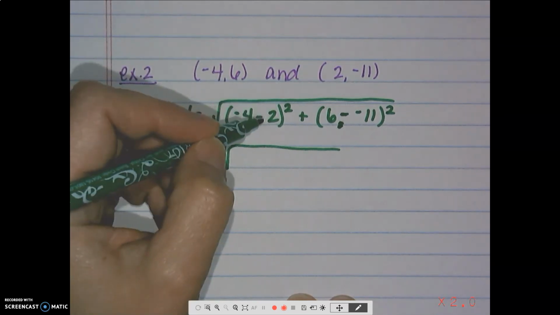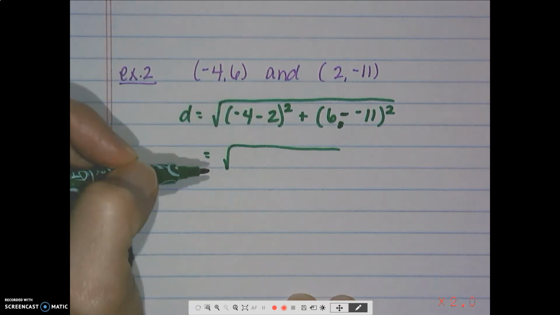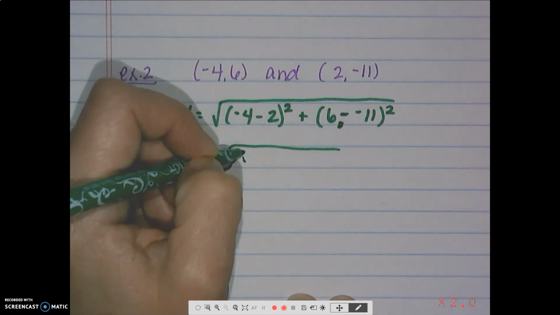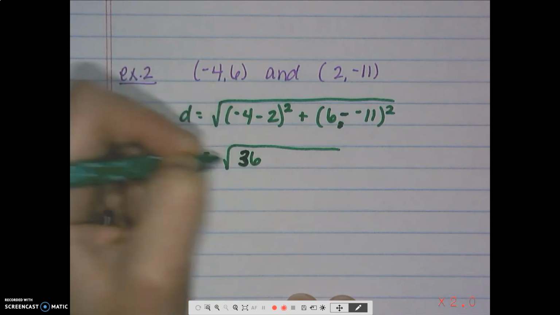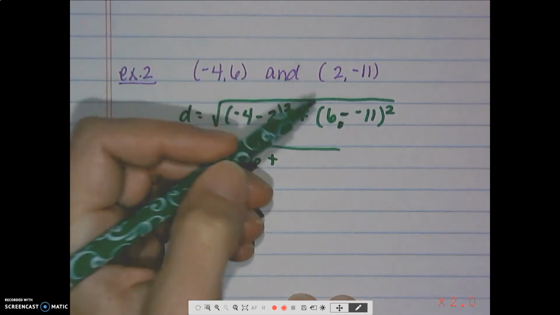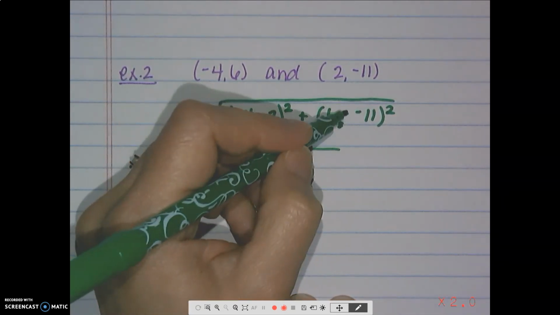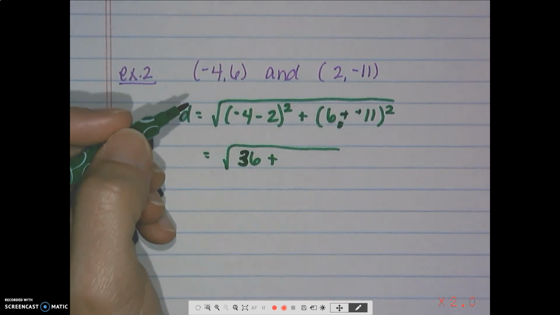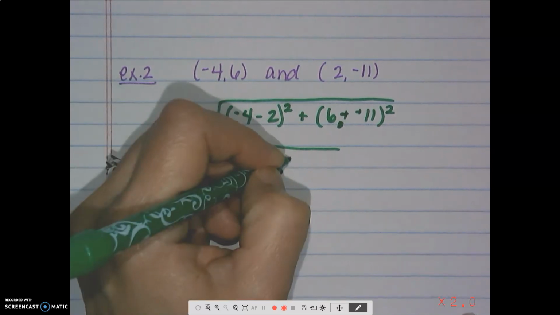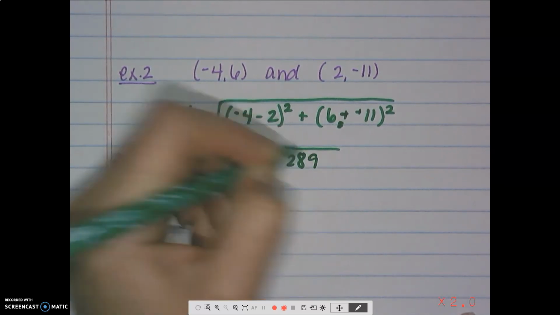Negative 4 minus 2 is negative 6. When you square a negative number, it becomes positive, so we get 36 there. We're going to add to that. 6 minus a negative 11 means we're going to add those together, and we get 17. And 17 squared is 289.